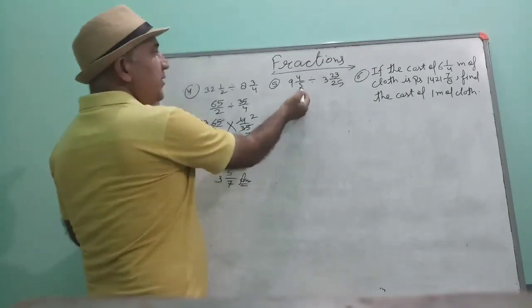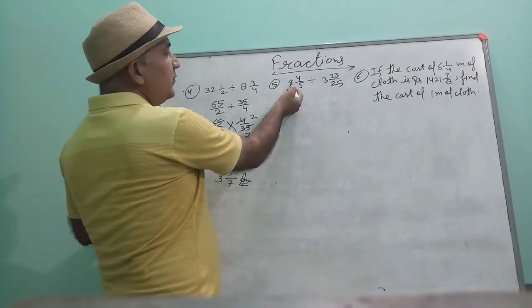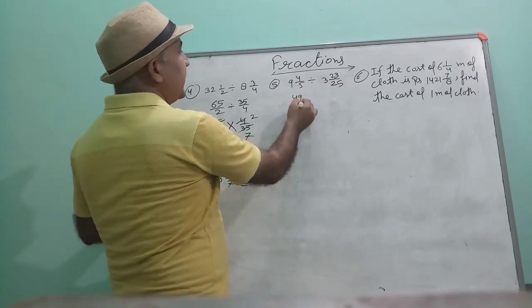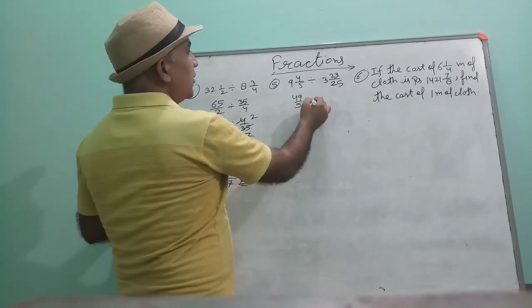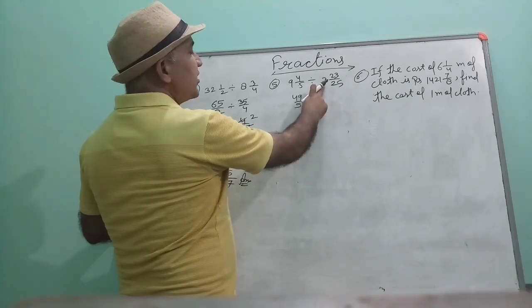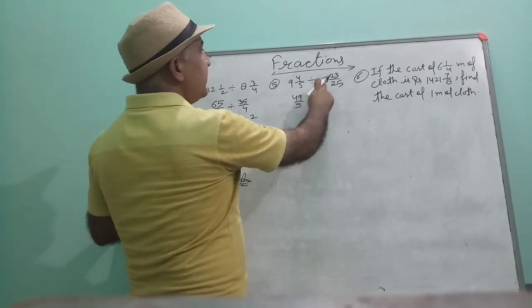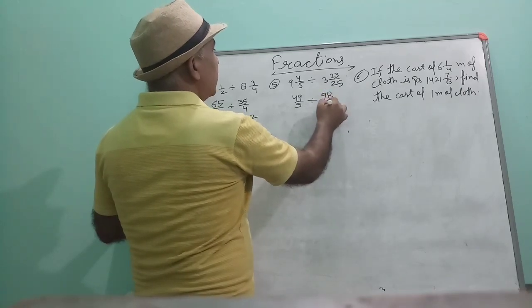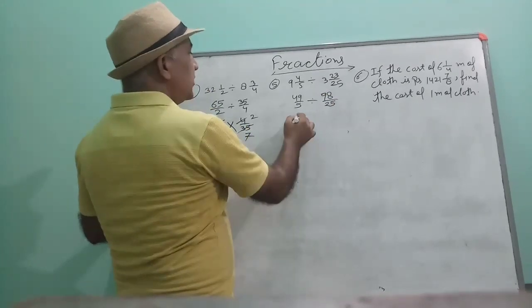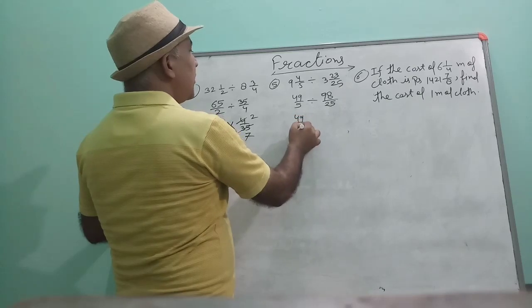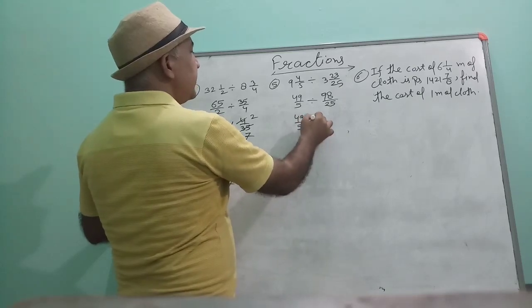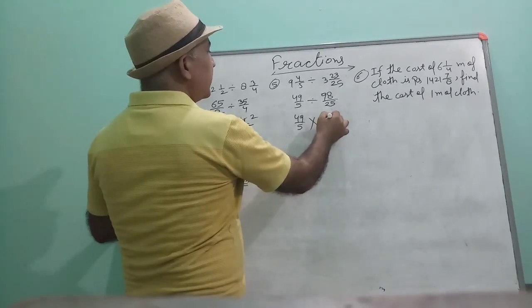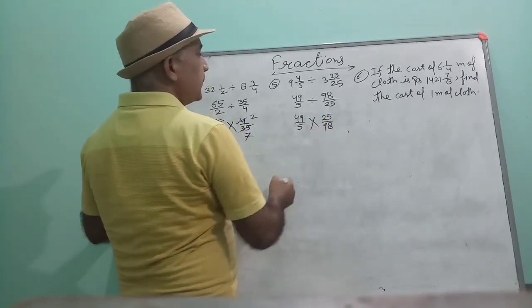Again process is same. 5 will be multiplied by 9. 45 is coming. 45 plus 4, 49. Understood? Now here 25 into 3, 75. 75 and 23 is 98. Okay? Now 49 upon 5 will be same as division will be changed into multiplication and it will become 25 upon 98.